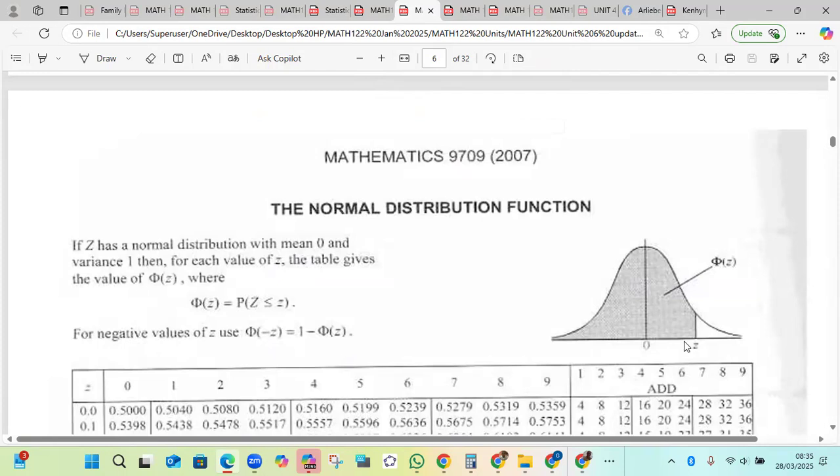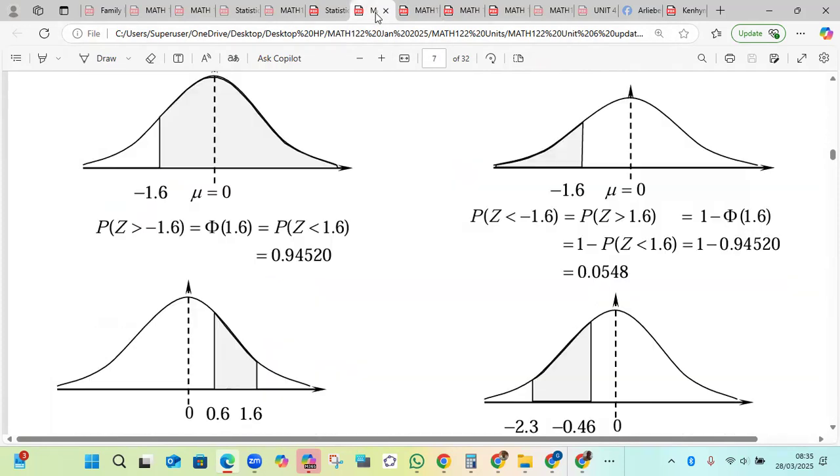Okay, let's say here is 1.6. That's a big chunk, a value more than 0.5, and subtract from 1. And this will give us our final answer. And here it is done. Phi of 1.6 is 0.9452, for example. Subtract from 1 will give us a value which is less than 0.5, 0.0548.